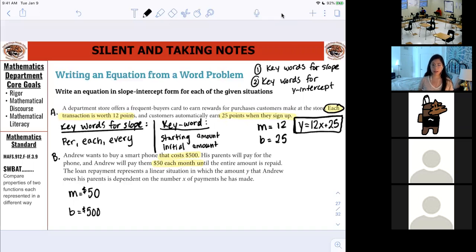He's not gaining money, he's owing money. So is it going to be negative? Yes, it's going to be negative 50. Exactly. Good job, guys. So sometimes you know the two numbers, that's cool, but you also have to think about, am I earning or am I losing? And here we're losing, so it's going to be y equals negative 50x plus 500.